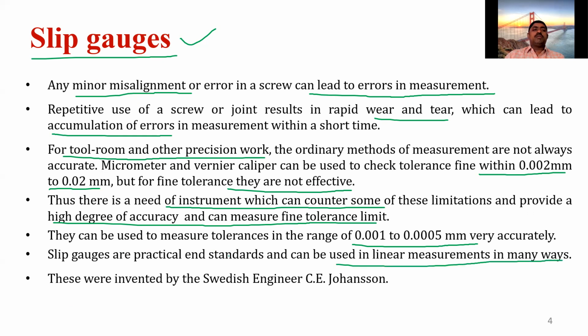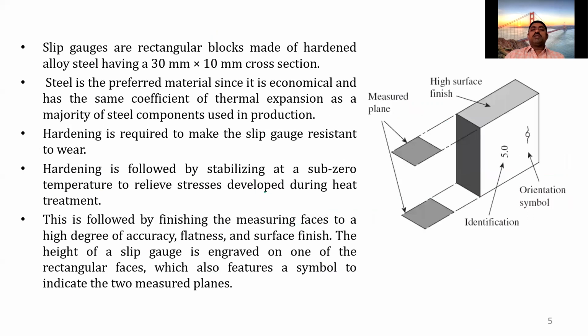These slip gauges were invented by Swedish engineer C.A. Johansson. They are rectangular blocks made of hardened alloy steel, having a cross section of 30 by 10 mm. So the length of the slip gauge is 30 mm, the width is 10 mm, and the thickness varies.